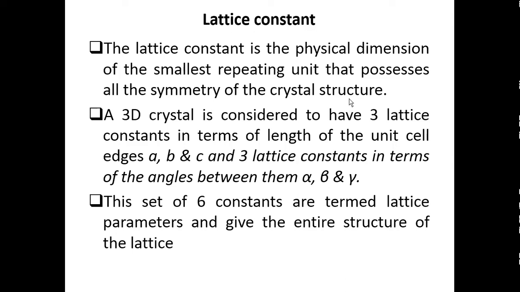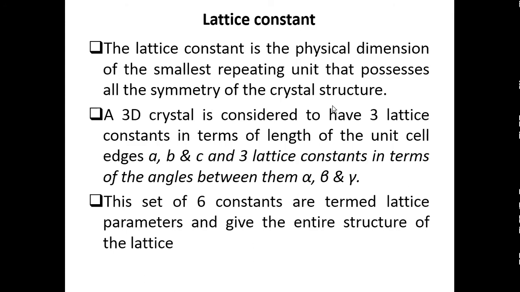There will be physical dimensions, suppose you consider a cube shaped crystal, for which there will be length, width and height, isn't it? These are all the same in the case of a cube. So, in that case, we can have these three dimensions as constants.